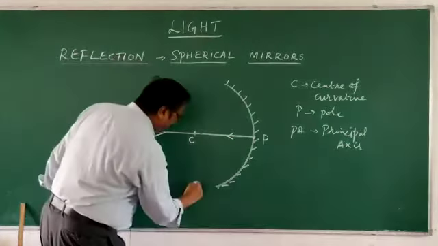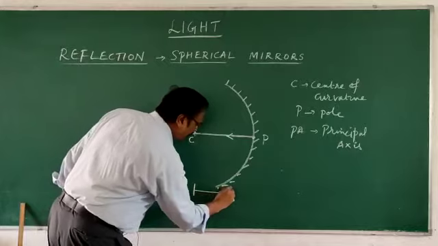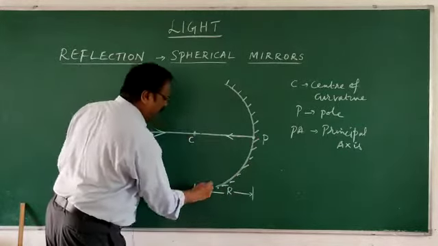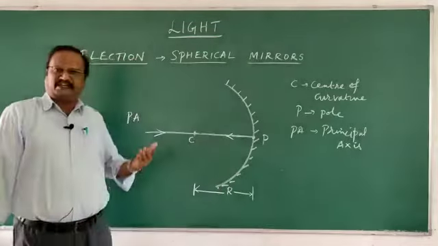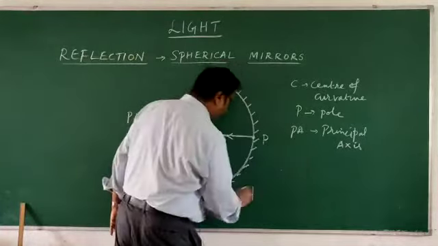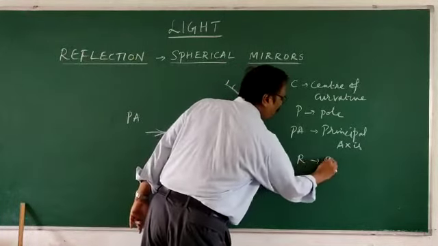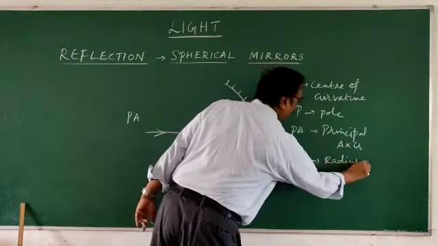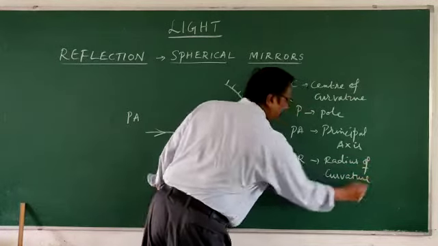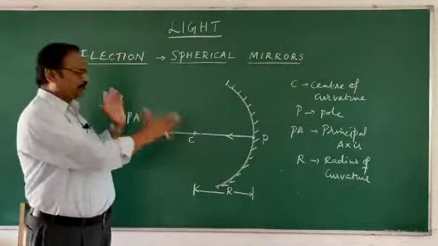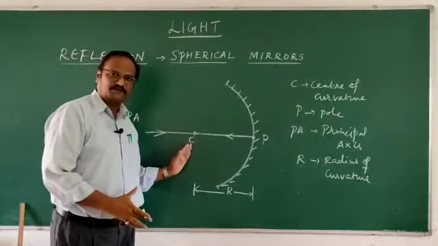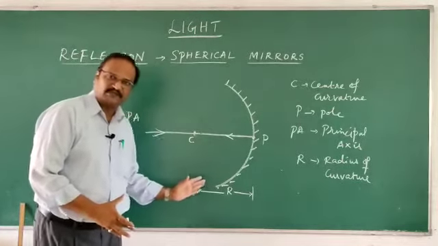Now, the distance between the center of curvature and the pole is called the radius of curvature. What is this called? Radius of curvature. It could be 20 centimeter, 15 centimeter. R stands for radius of curvature. Remember, a spherical mirror is part of a sphere, so the center becomes the center of curvature and the radius becomes the radius of curvature.